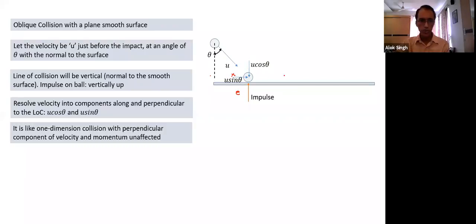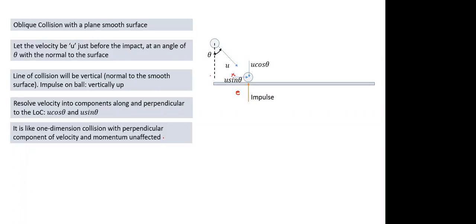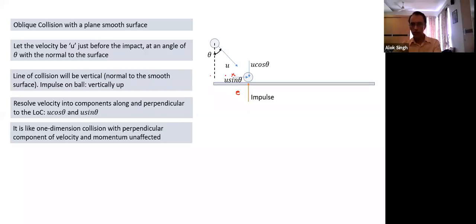Hence, after collision, it's like a one-dimensional collision with the perpendicular component of velocity and momentum unaffected. Does this sentence make sense, Kaushik? Have you understood what this statement says? This will not change. Now, if it doesn't change, I focus only on this part. If I focus only on this part, is it not like a one-dimensional collision now?